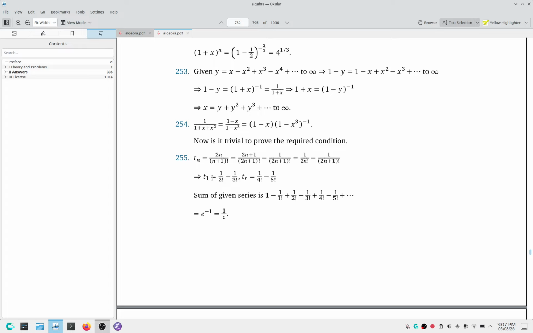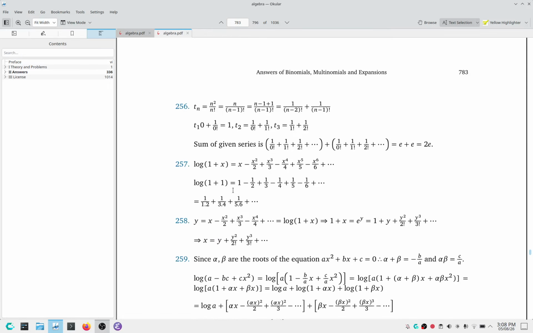So once we have that, we can write that T1 is equal to 1 upon 2 factorial minus 1 upon 3 factorial. T2 is equal to 1 upon 4 factorial minus 1 upon 5 factorial. So we have the series 1 minus 1 upon 1 factorial plus 1 upon 2 factorial minus 1 upon 3 factorial plus 1 upon 4 factorial minus 1 upon 5 factorial, which is equal to e to the power minus 1, which is equal to 1 upon e.